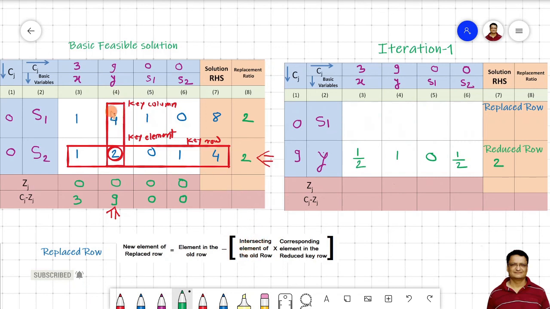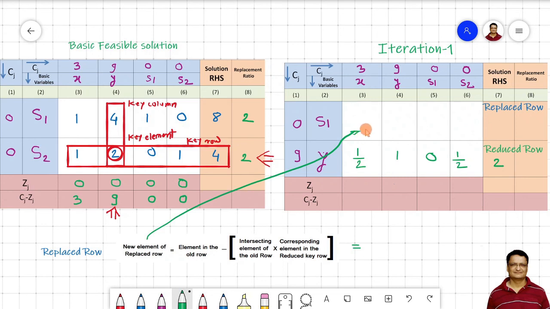So what is the intersecting element? It is corresponding to this key column and the row, which is 4, multiplied by the corresponding element in the reduced key row, and this is the reduced key row that we have evaluated. The corresponding cell is 1 by 2.